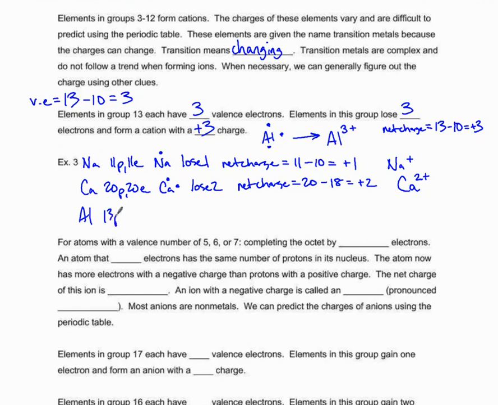Aluminum has 13 protons. When it's neutral, 13 electrons. It's going to lose 3. Net charge, we have 13 minus 10, and that is plus 3, giving us that aluminum 3 plus ion.